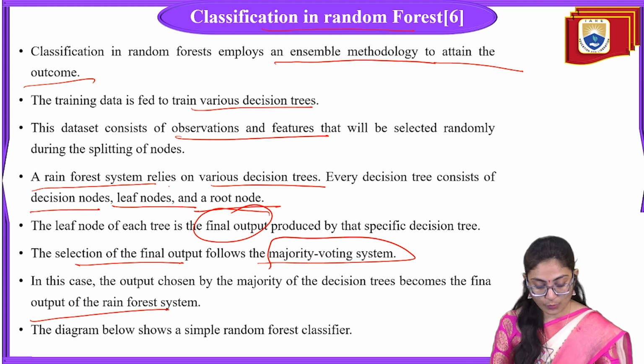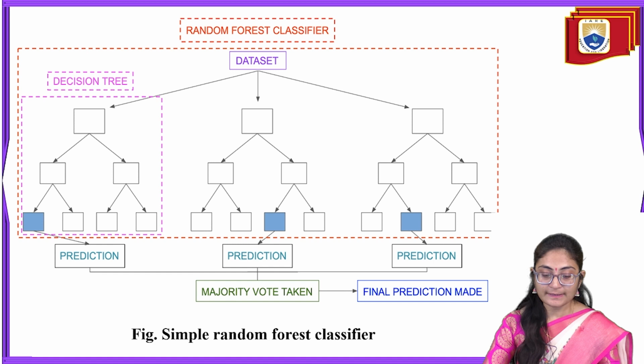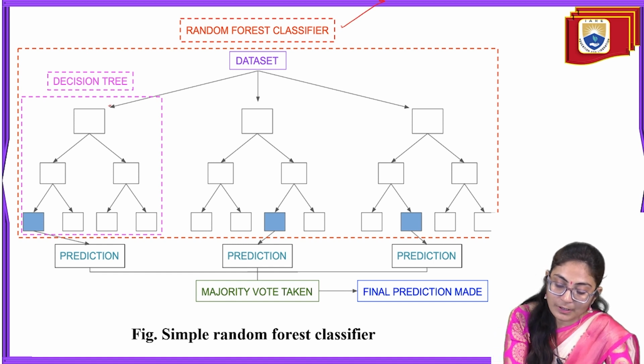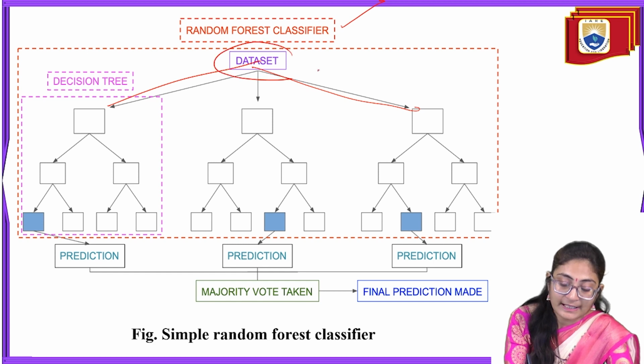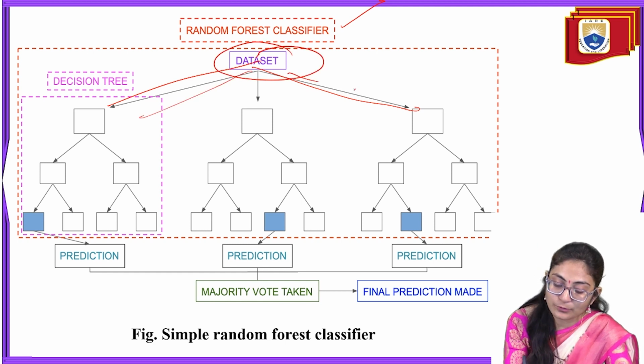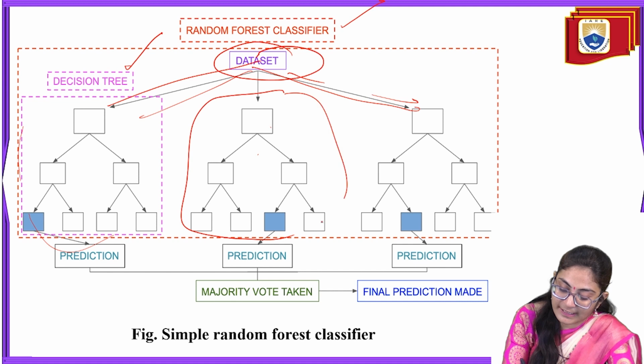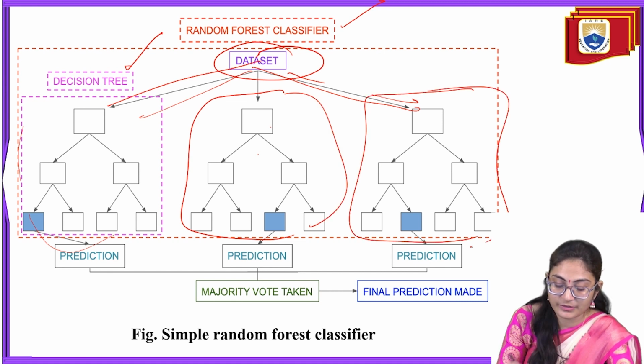The diagram below shows a simple random forest. See, there is a random forest classifier. The main root is the dataset. It has three branches: this is your decision tree, another decision tree, and this is a third decision tree.